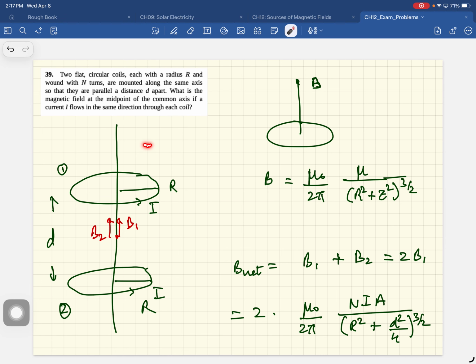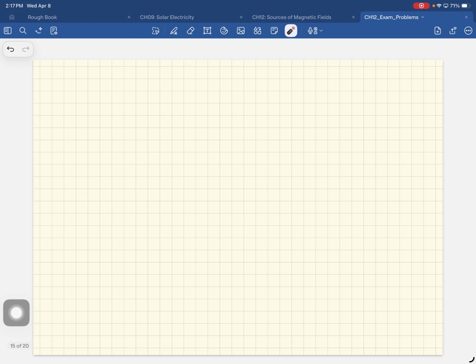What is it that they want us to find? They give us the current, and they ask how many turns per centimeter, so they're asking us to find n. n is B over mu naught I, where B is 2 times 10 to the minus 3.